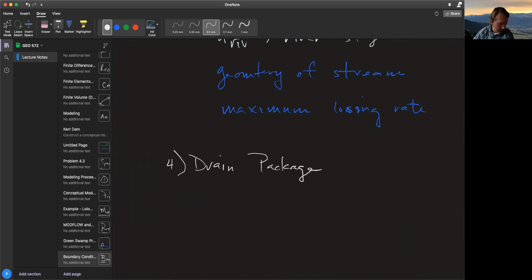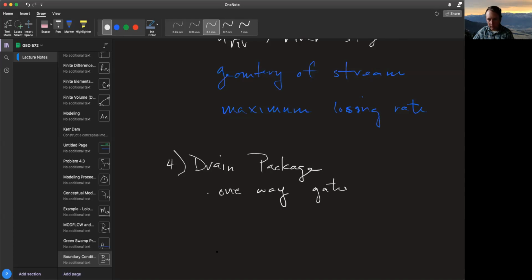The drain package is a one-way gate. Think about it as a one-way gate.